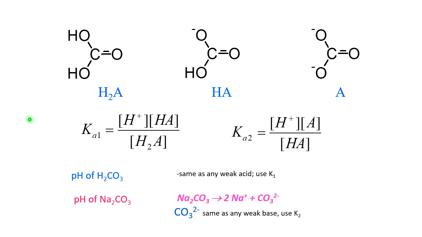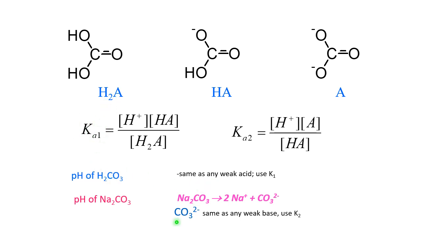Now let's look how we can calculate pH of solution of this species. Let's consider a very important example, that is carbonic acid. pH of carbonic acid itself, we already were talking about it. It's solved as any weak acid. We use K1 and put into calculation the concentration of carbonic acid, and we have pH.